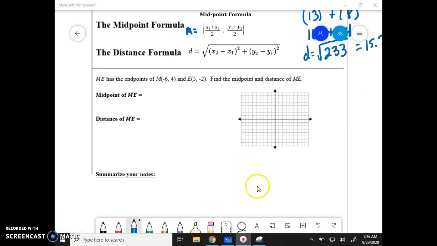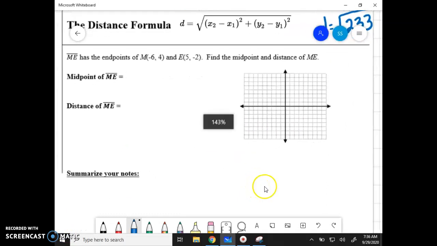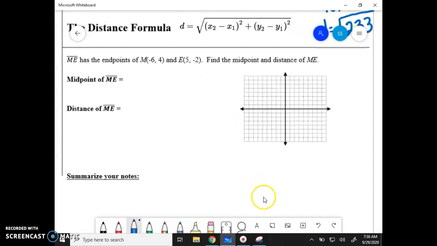Okay, let's look at this other example. We've got segment ME with endpoints M at -6, 4, and E at 5, -2. All right, and I think it is really critical, guys, to go ahead and label these points. You have x1, y1, and x2, y2.